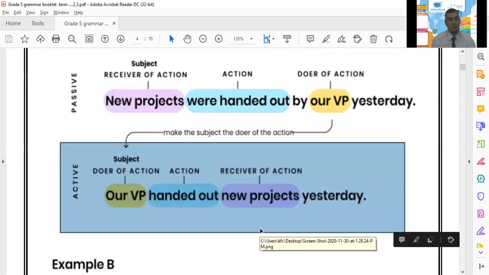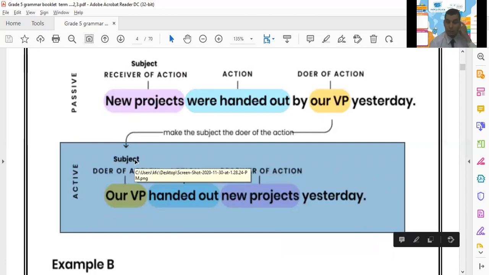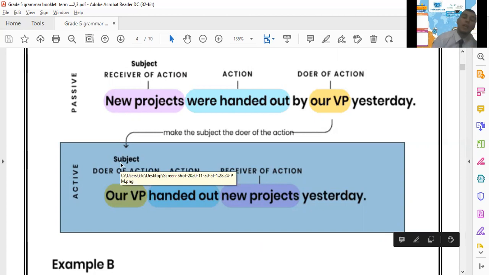Our VP handed out new projects yesterday. Very good. So our VP is the what? The subject. Very good. And when we have a subject in the active voice, do we make it at the beginning or the end in the passive voice?